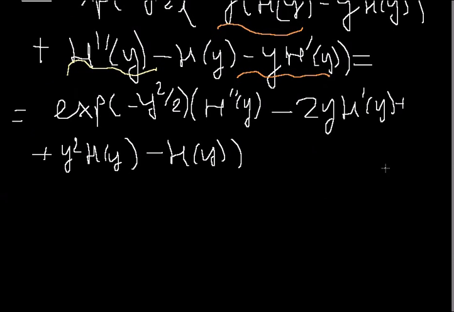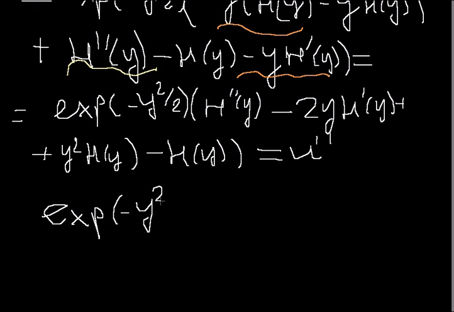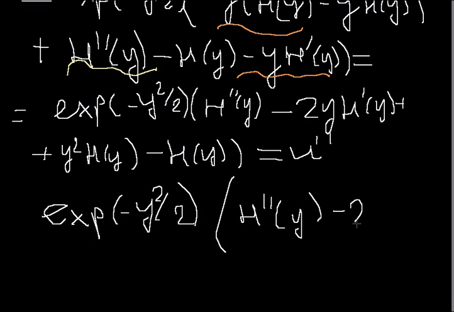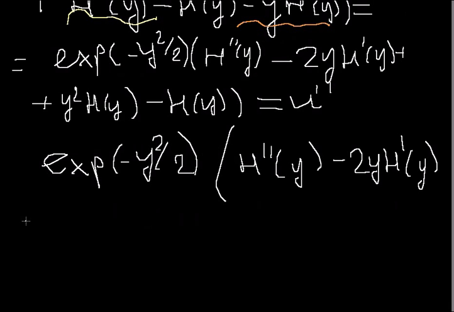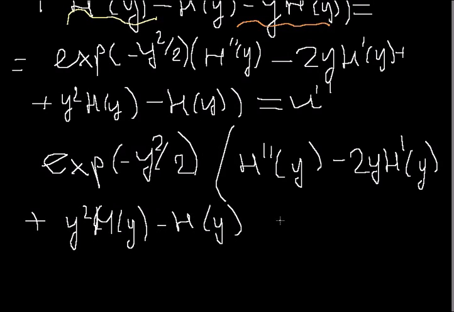It's our second derivative, and let's write y squared without changes, taking the form as h plus y squared h y minus h from y.